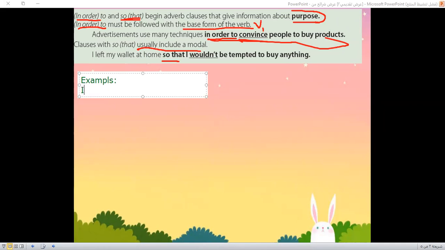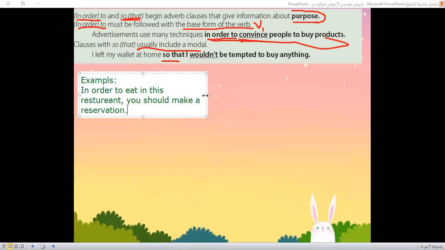For example, in order to eat in this restaurant, comma, لماذا comma? Because I started with the adverb. This is the adverb clause. In order to eat in this restaurant, you should make a reservation. In order to eat in this restaurant, you should make a reservation.